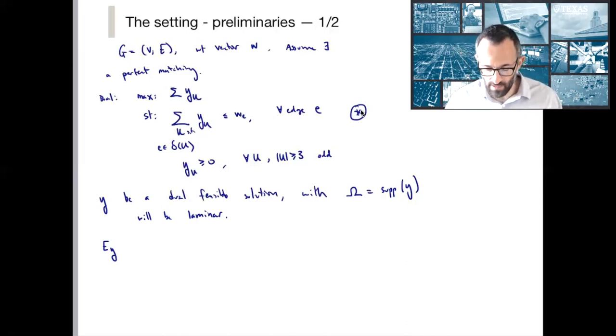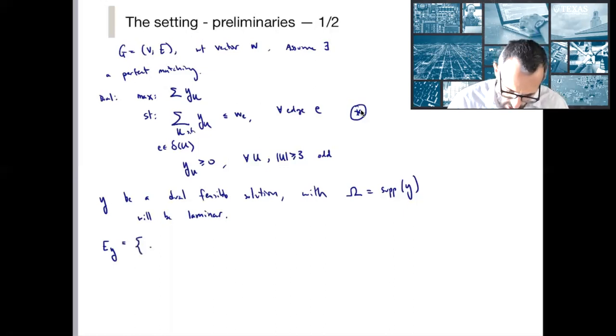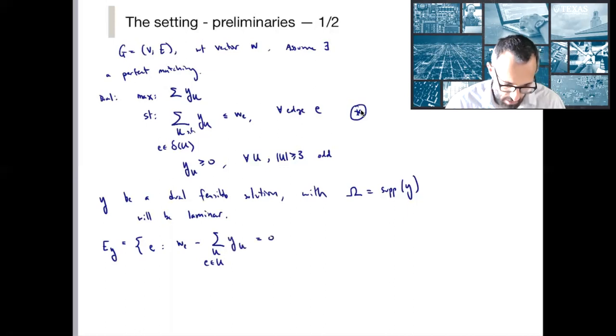If E is the full set of edges, I'm going to let E subscript y, where y is my dual feasible solution, be all edges e for which this constraint is satisfied with equality. In other words, such that w_e minus the sum over all u, again u odd cardinality, such that e is an element of delta of u, of y_u is equal to 0. So these are the tight edges, or these are the edges that the restricted primal is allowed to use.